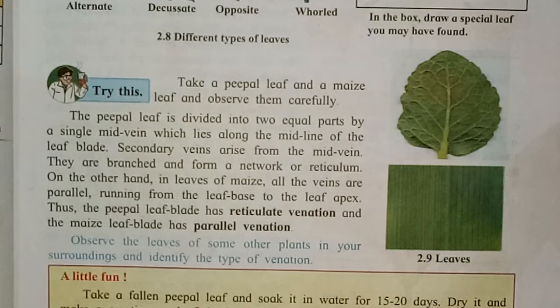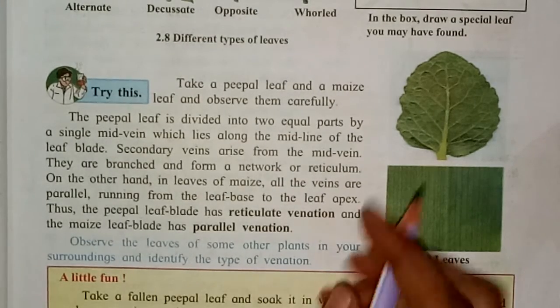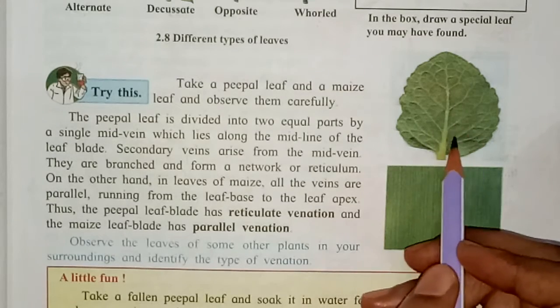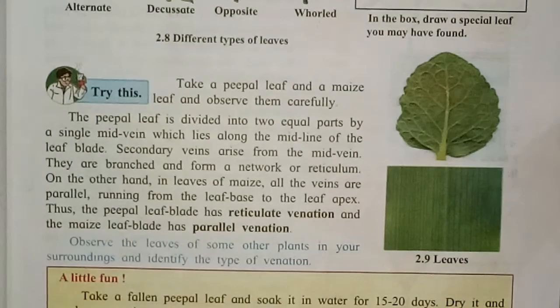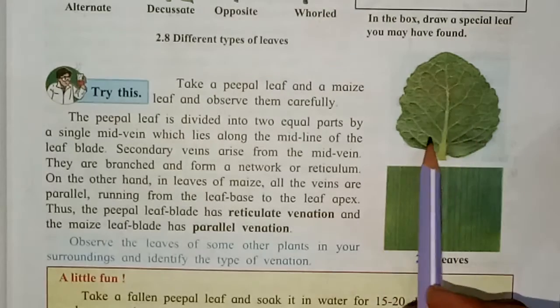Now you can see these two pictures, which show the veins of the leaves. Veins we have already seen. These parts which you can see here look like veins. As we humans have veins in our body, these are called the veins of the leaves.